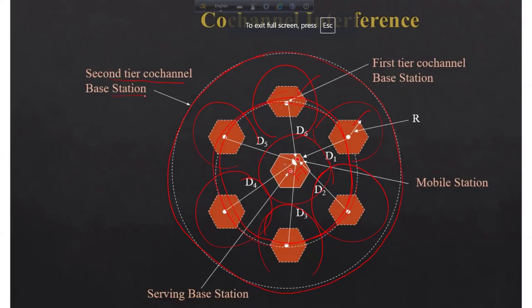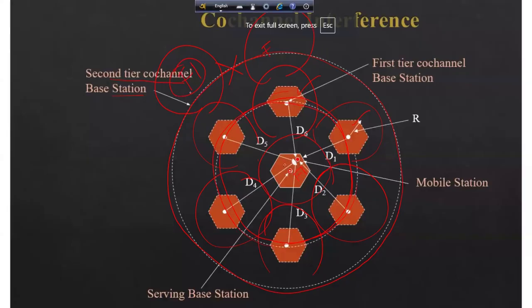In the practical case, the impact of first tier co-channel base stations is significant, so they can be considered, but the impact of second tier co-channel base stations is very negligible. So we can neglect these second tier co-channel base stations. Say for example, there are also other clusters and they are also using F1.